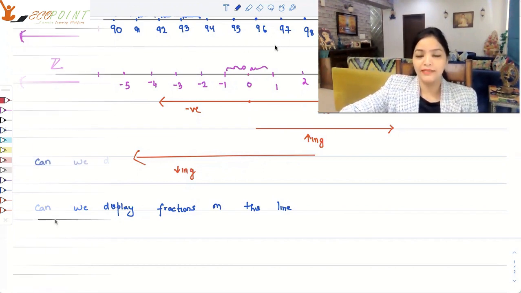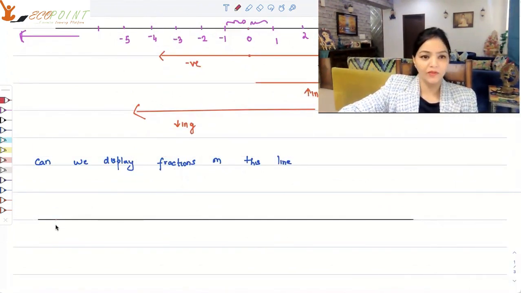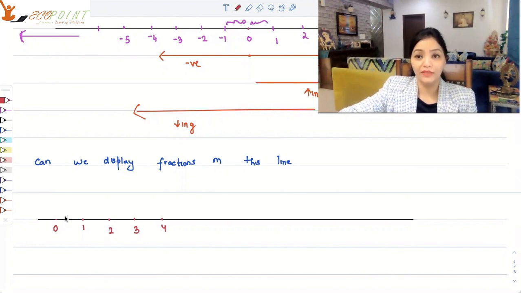So let me give you an example here. Suppose we have 0 here, 1 here, 2 here, 3 here, 4 here, and so on. I'm not writing down more numbers. Suppose I want to display fractions. The easiest to start with is the number half.